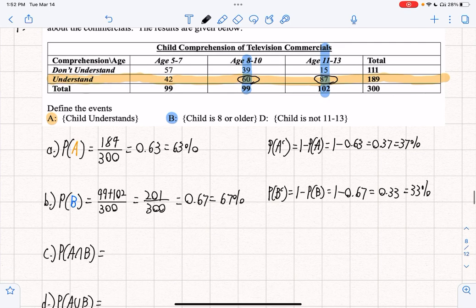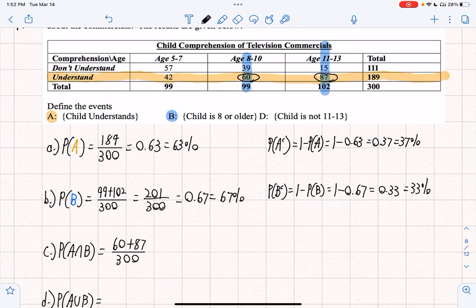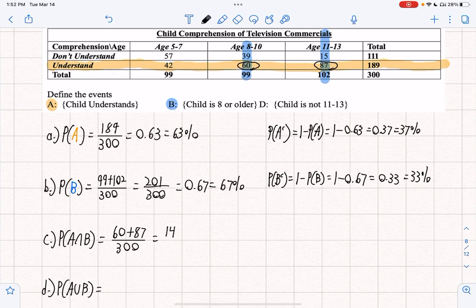And so the probability of A and B, we still have 300, but we have 60 plus 87. So this is equal to 147 over 300, or 0.49, or 49%.